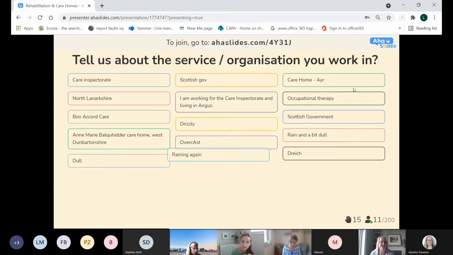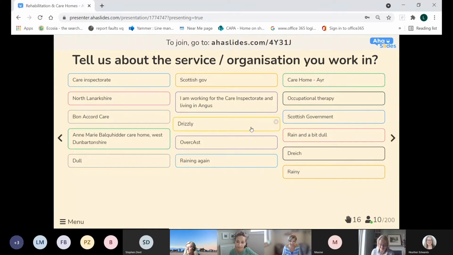Dreich, overcast, dull, raining again. Oh no! We definitely need some things to lift our spirits. And Anne-Marie, very welcome. West Dunbartonshire, Ayr, North Lanarkshire, Angus, and it's rainy. Okay.